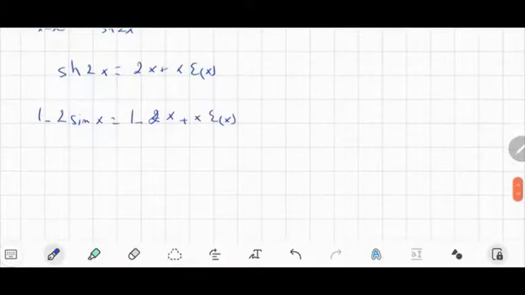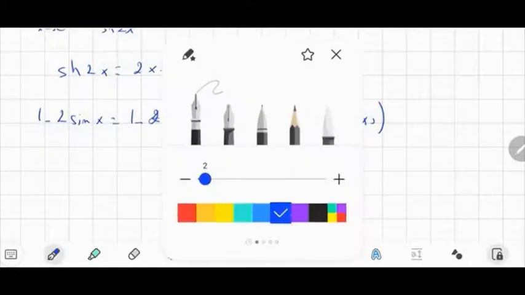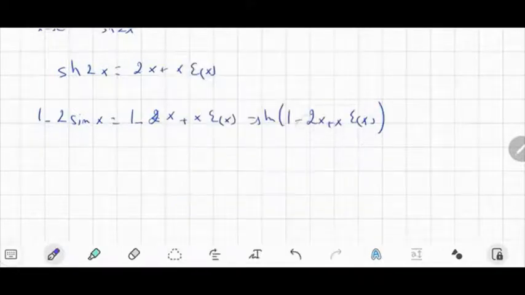So if we replace this in ln, it means that ln of 1 minus 2x plus x epsilon x, which is the expansion to the first order. So we will obtain the first order for ln 1 plus u. In this case, the u will be this term in here, and then the expansion will be it's equal to first u, so minus 2x plus u squared and whatever, so u squared will be x squared.